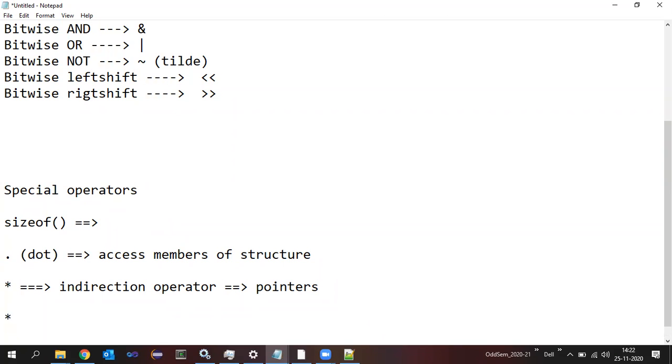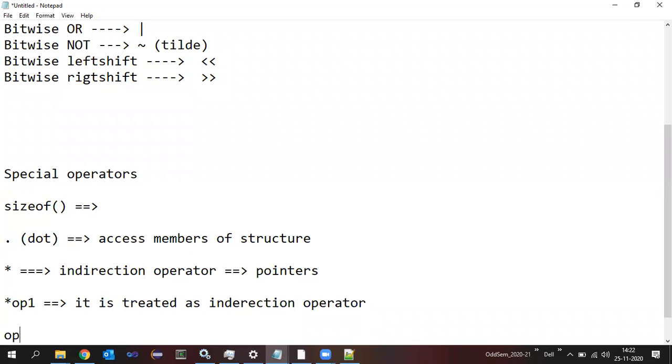If I use this star symbol with only one operand, I will write it like this: star operand 1, then it is treated as an indirection operator.